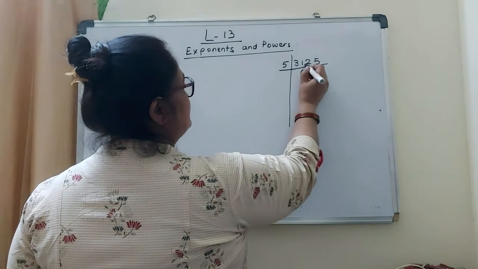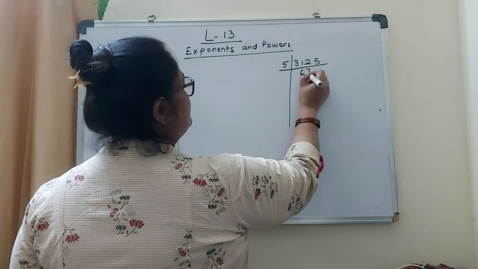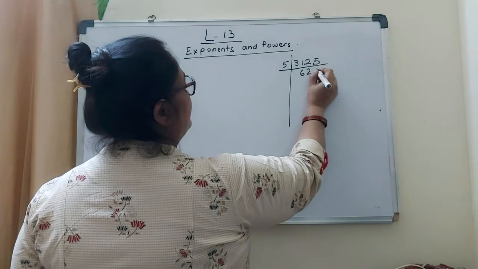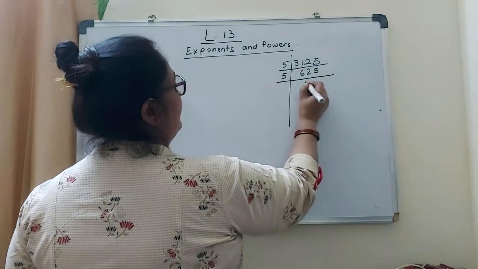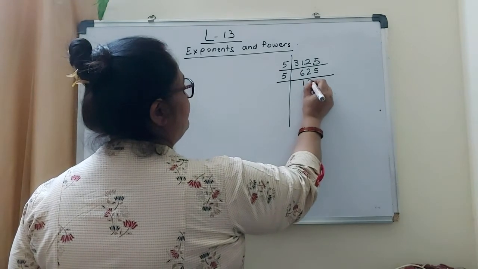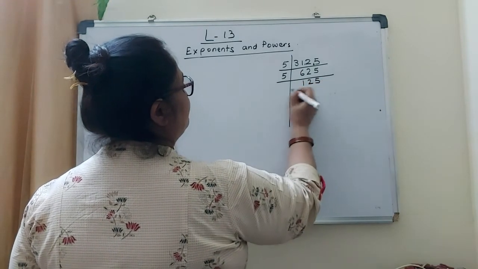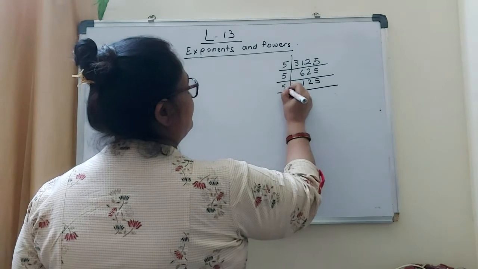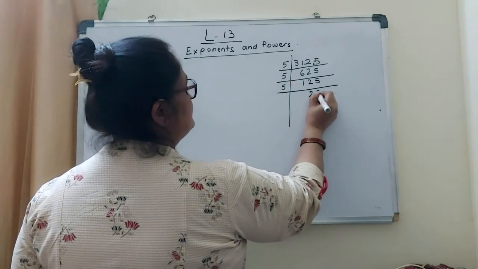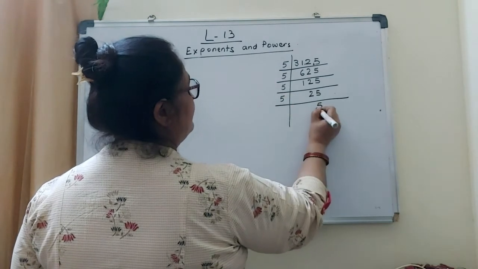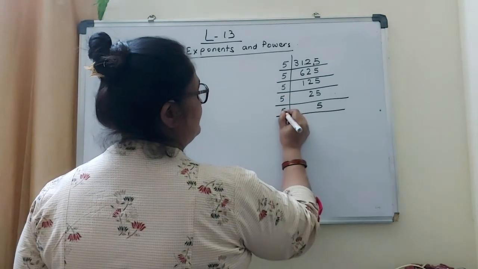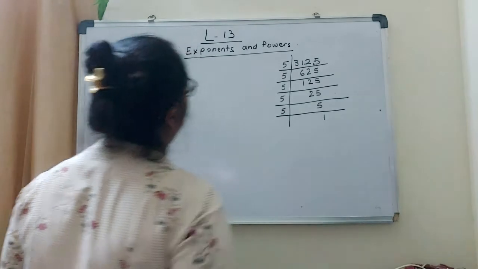6 fives are 30. 5 twos are 10. 5 fives are 25. Again with 5. 5 ones are 5. 5 twos, 5 fives. Again with 5. 5 twos, 5 fives. 25 will be divided with 5 and 5 will be divided with 5, that is 5 ones.